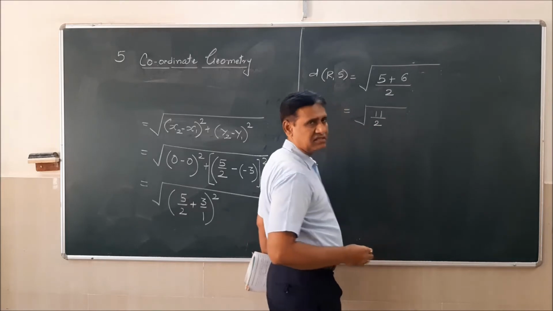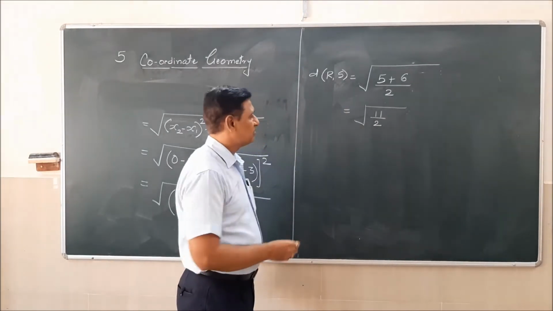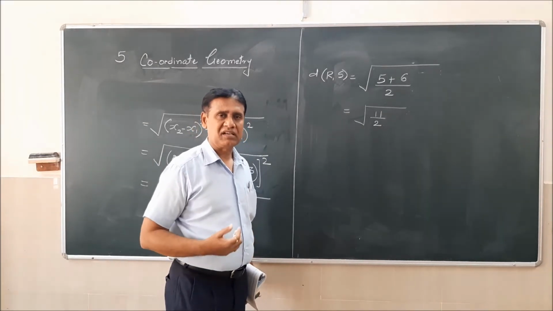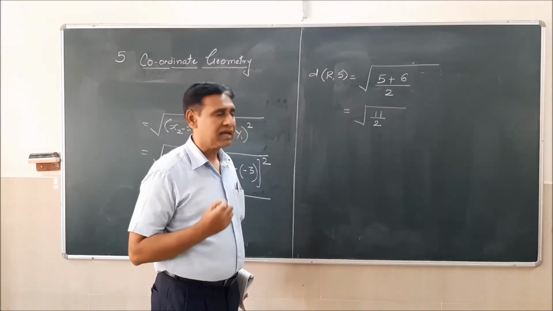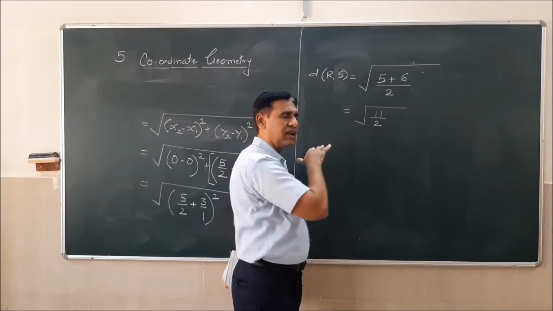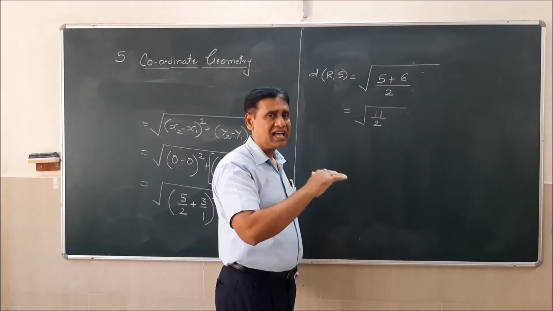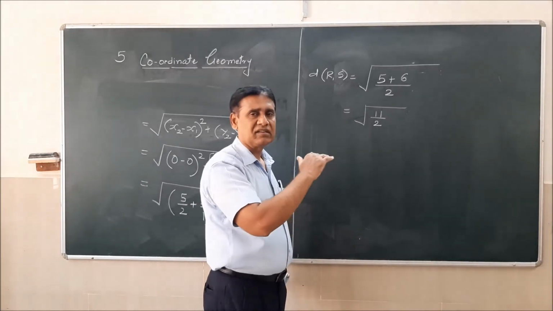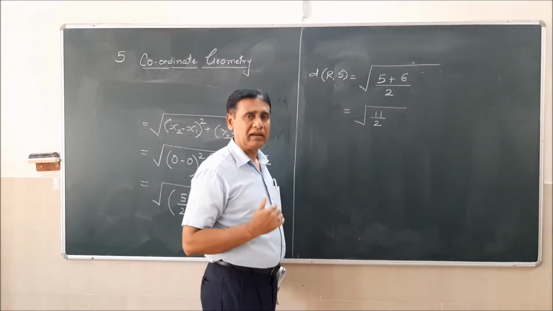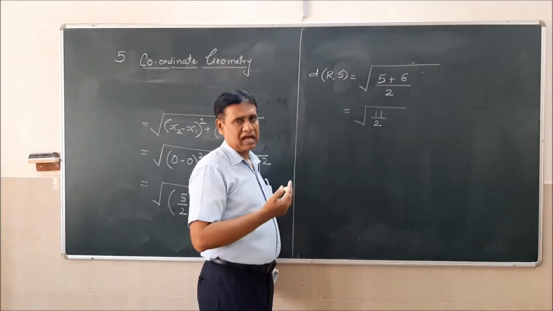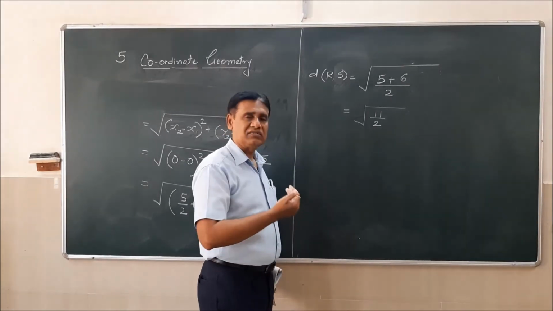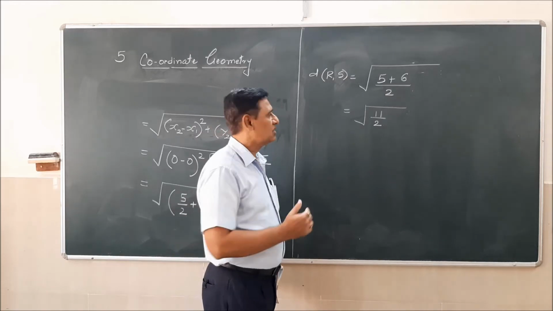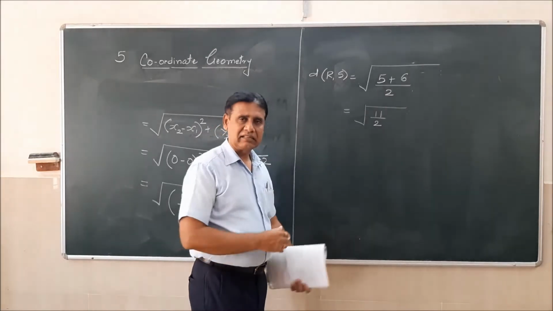In this case, dear students, we have to leave the answer here only. Why? The reason being that 11 we cannot split as a product involving a perfect square number. In the same manner, 2 is also as it is, because neither 11 nor 2 is a perfect square. So we have to leave the answer like that only.